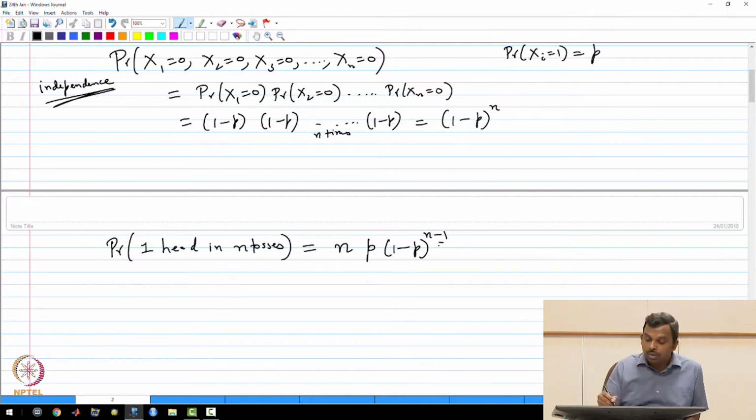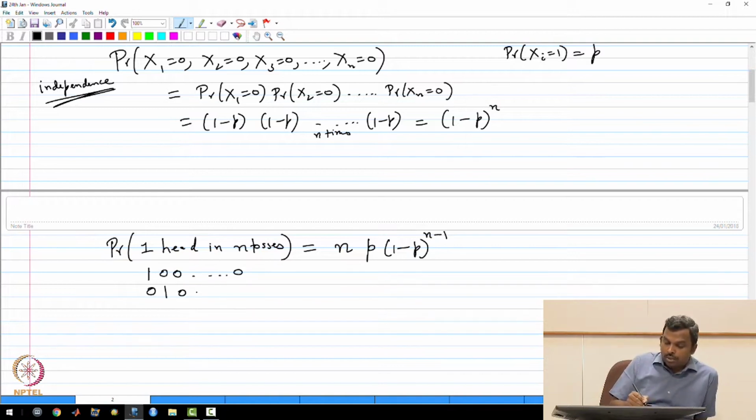Okay, so you have (1 minus p) power n minus 1, and where does the n come from? This head p can occur either in the first position or in the second position. It has n possible places, so you have to add up all the possibilities. If you want to write it down, this corresponds to the event 1 0 0 0 0 0, or 0 1 0 0 0 0, or 0 0 1 0 0 0, and so on till 0 0 0 0 0 1.